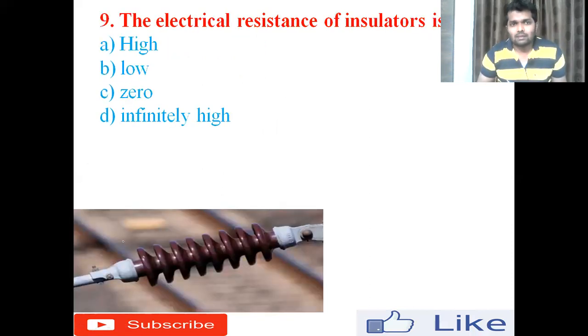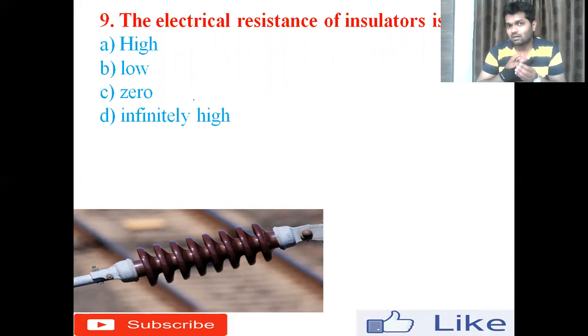Ninth one, the electrical resistance of an insulator is option A high, option B low, option C 0, option D infinitely high. So basically the electrical resistance of an insulator will be high only. What is an insulator? Insulators are solids which will not allow the charges to flow through them.